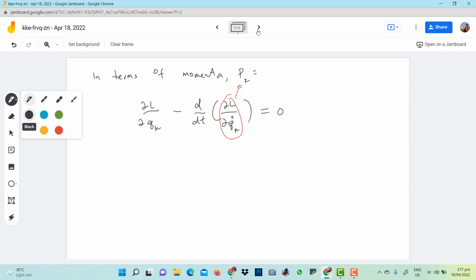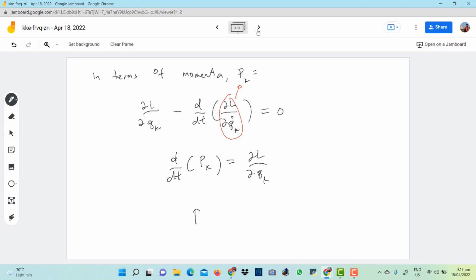So as you can see from that, if I transpose that one, d/dt of pk is equal to partial L with respect to qk, and if you take the time derivative of pk, you will get pk dot equal to partial L with respect to qk.